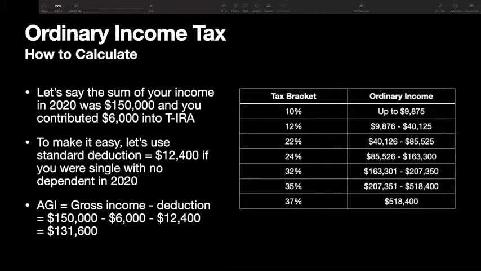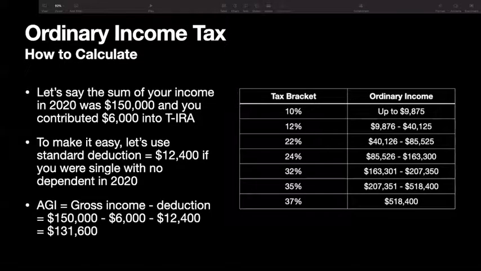Even if you didn't spend any money, that amount will be deducted per IRS. You can choose to deduct that amount allowed by the IRS, and that will be subtracted from your gross income to calculate your taxable income. And let's say you're single and have no dependent for tax purposes.